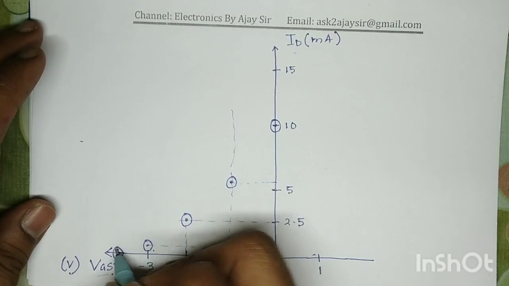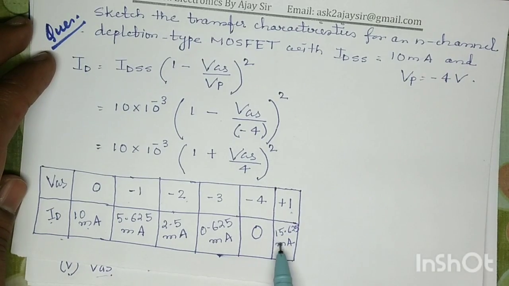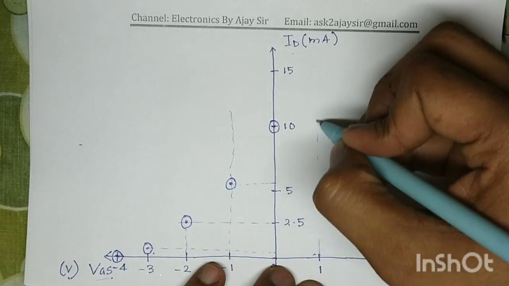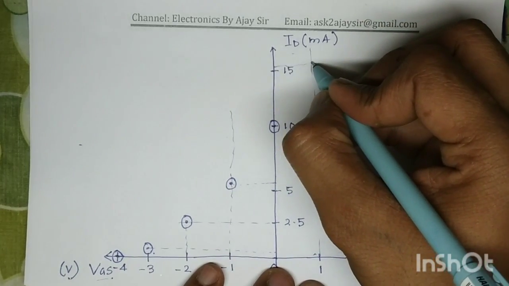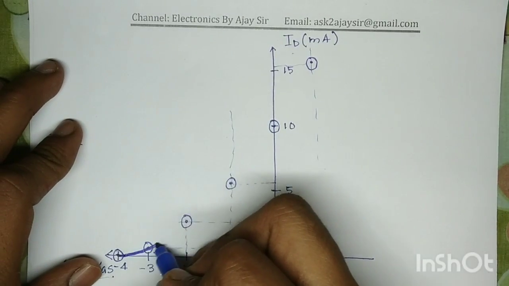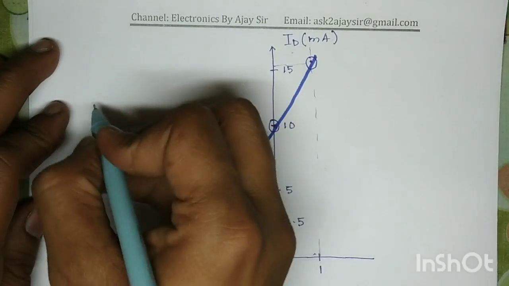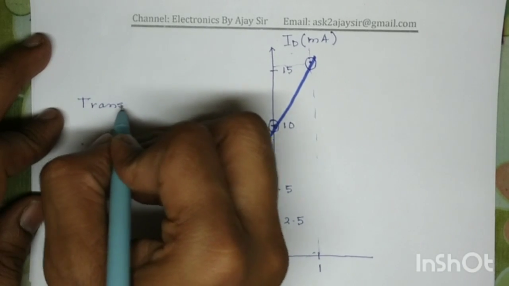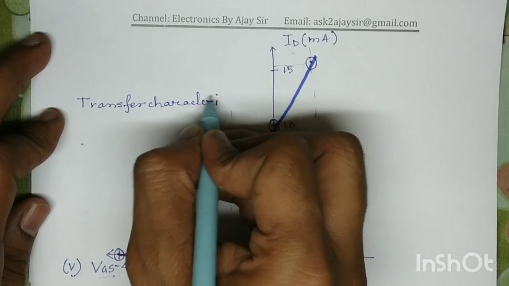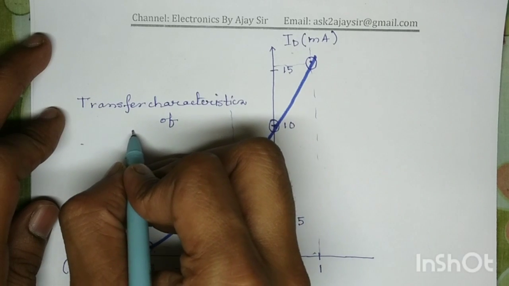So this is that 0 point. When VGS is equal to +1, ID is equal to 15.625 milliampere, representing somewhere this point. Now by connecting all these points, we can draw the transfer characteristics. So this line represents the transfer characteristics of depletion type MOSFET.